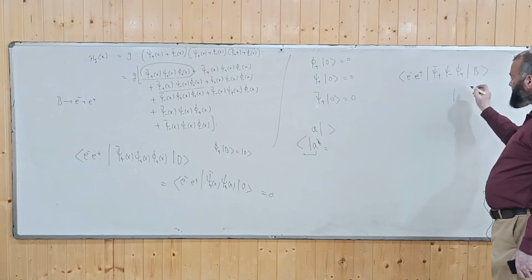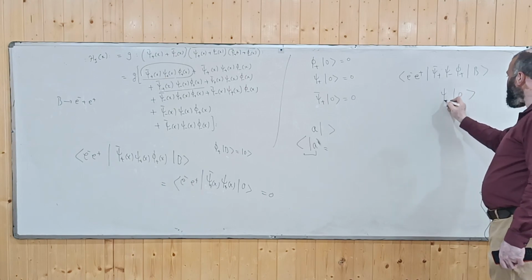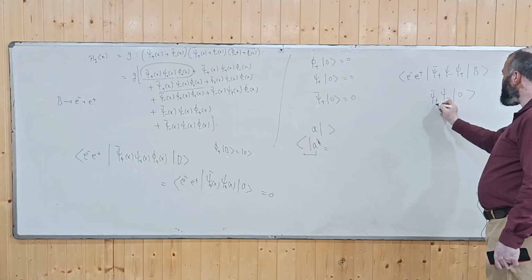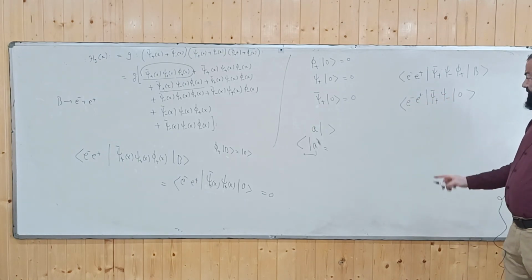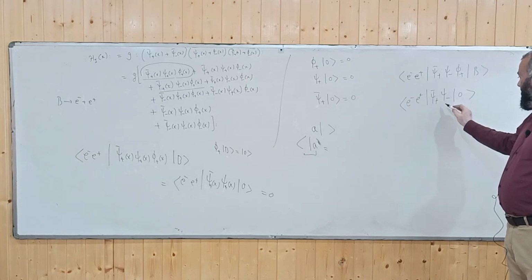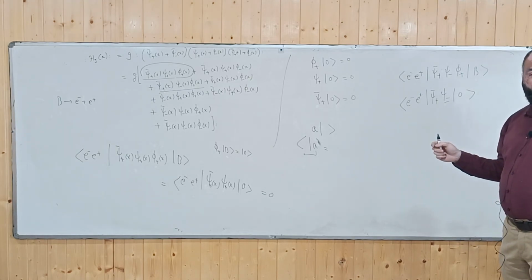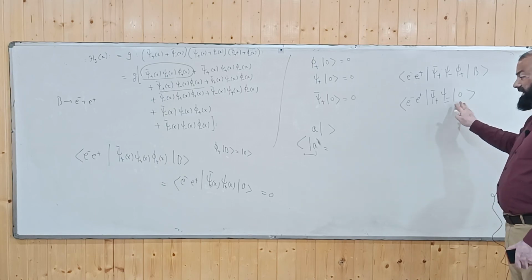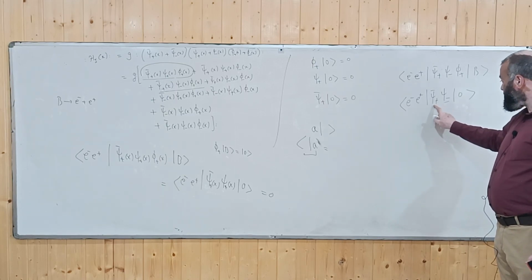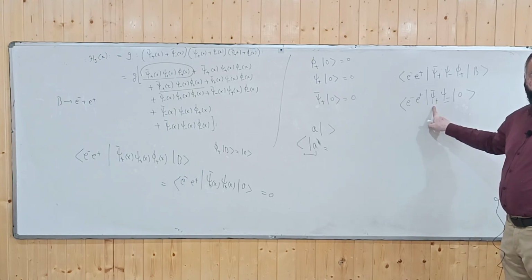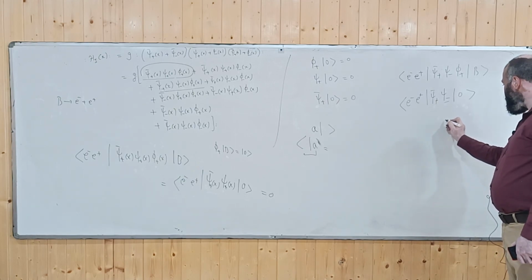Phi plus will act on the boson, it gives me the vacuum. Then you have psi minus, psi bar plus, positron, let's say the electron. What do you get from here? Psi minus is the creation of the antiparticle, so you have created a positron. But you are also annihilating.